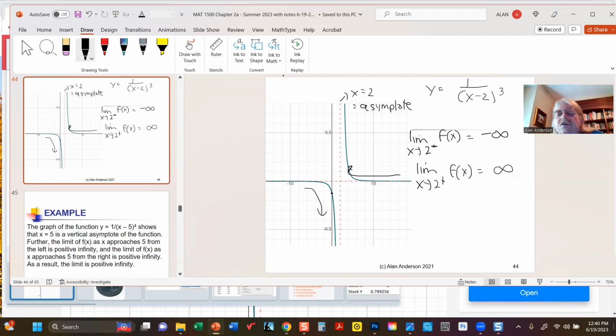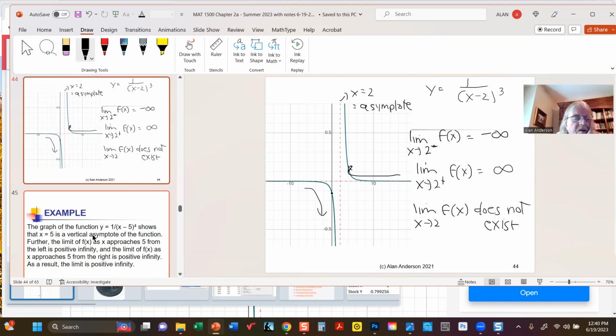So therefore, the two-sided limit does not exist because they're not equal to each other. It's fine for a one-sided limit to equal infinity and even a two-sided, but this is different. It does not exist. Okay.